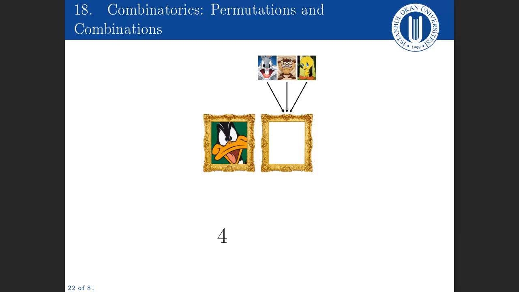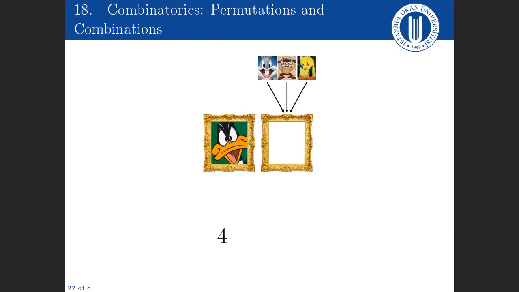Let's go back to thinking of it in the way that we did in the previous example. We have our 2 picture frames, and we need to choose first which picture we're going to hang in the left picture frame. And there's 4 different pictures that we could choose. So we have 4 choices for the left picture frame. And then we move to the right picture frame. And now there's 3 pictures left.